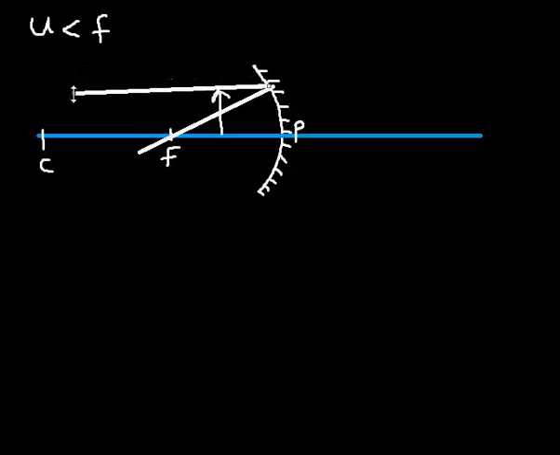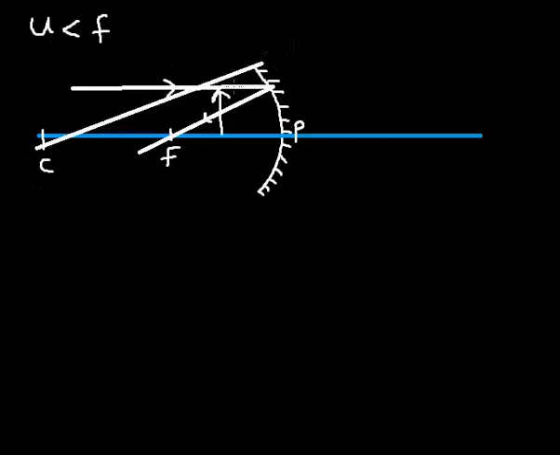So how do I get to form the image? The image is formed when this reflected ray and the one passing through C intersect. The line passing through C goes forward and doesn't deviate. As you can see now, I'm tracing it behind the mirror.